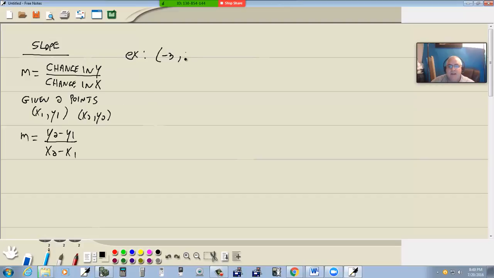So if I had a point like this, we got a -3, 1. That's our first point, so I'll label that as x1, y1. And then we have a second point, -5, -7. This is my second point, so I'll label this as x2, y2. Very similar to what we did when we found a distance formula earlier.